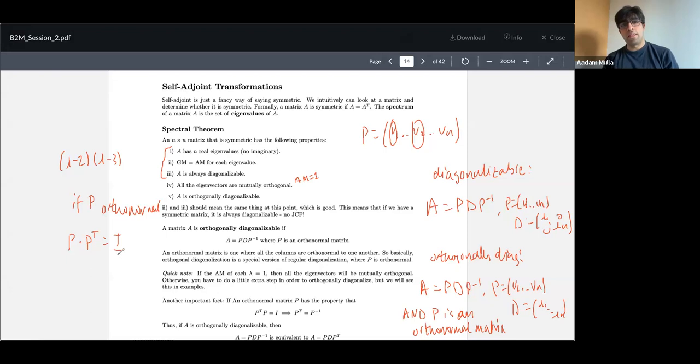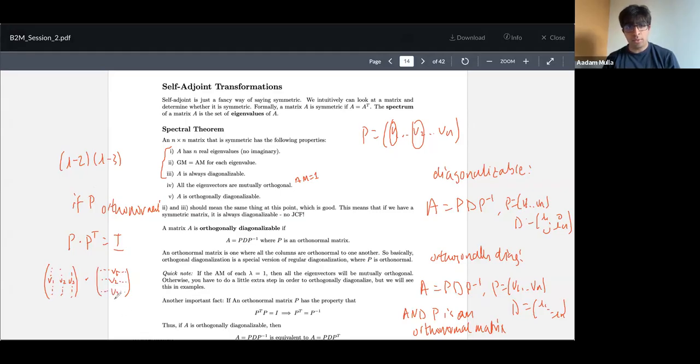This should make sense, because think about what P being orthonormal means. Let's actually write out the multiplication. So P is going to be, let's do 3 vectors, V1, V2, and V3. And then P transpose is going to be V1, the rotated one because it's a transpose, V2, and V3.